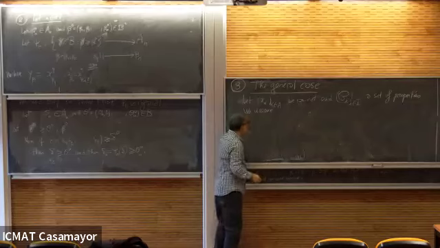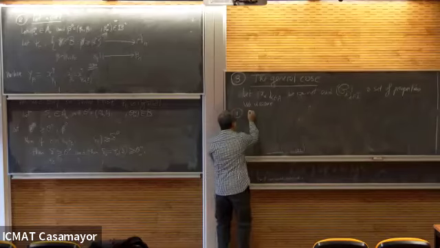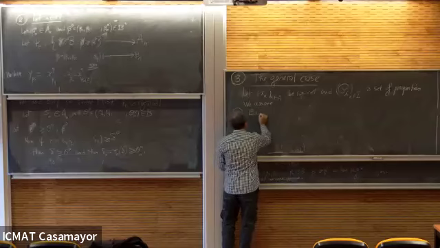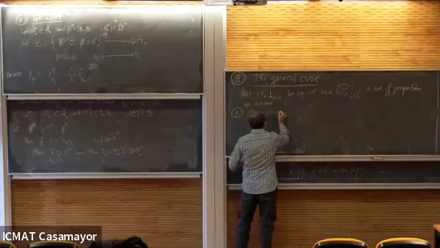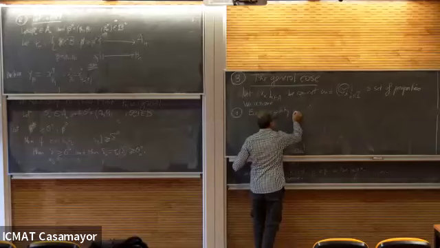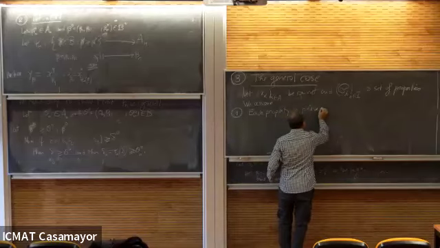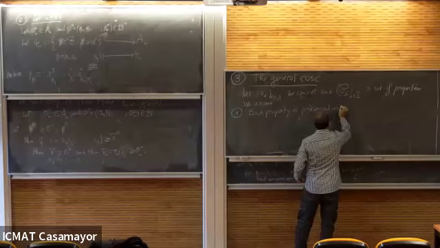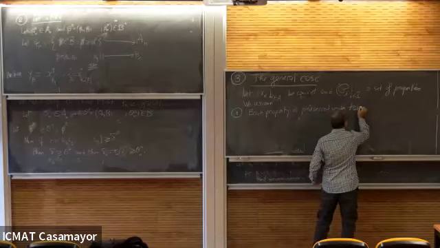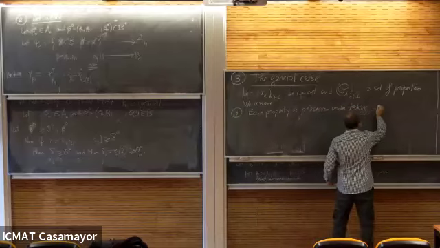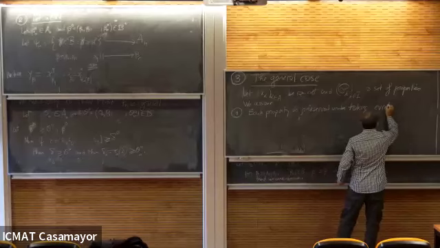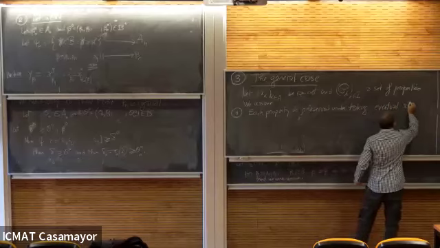The first one is that each property T_i is preserved under taking eventual subnets.